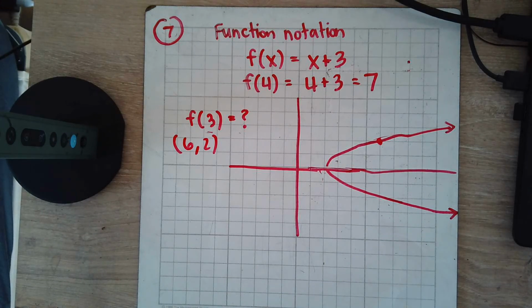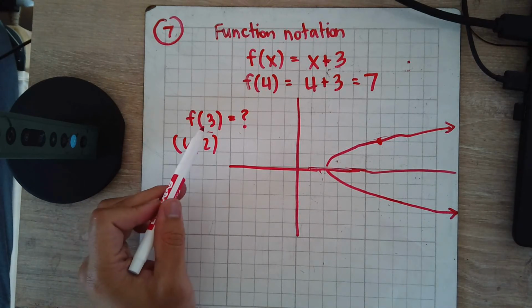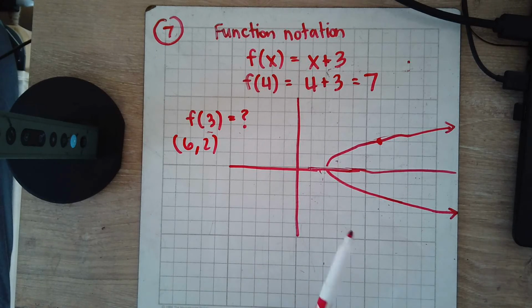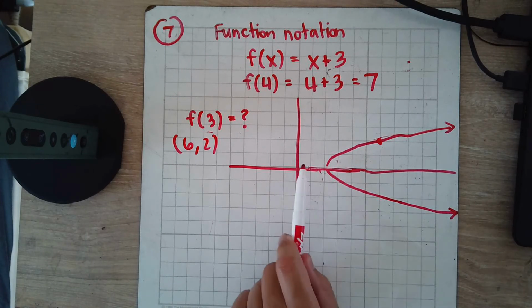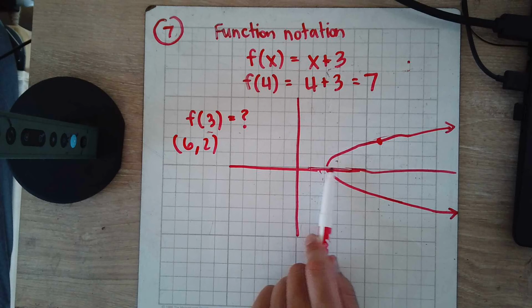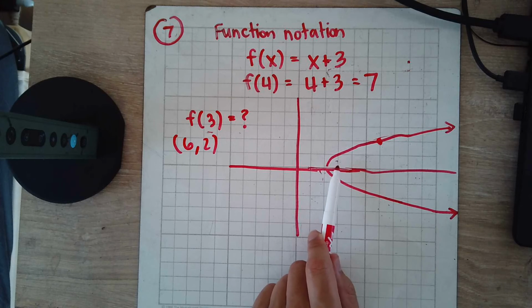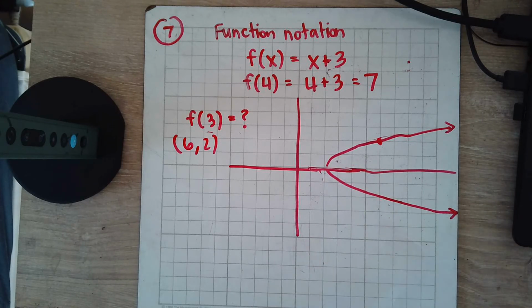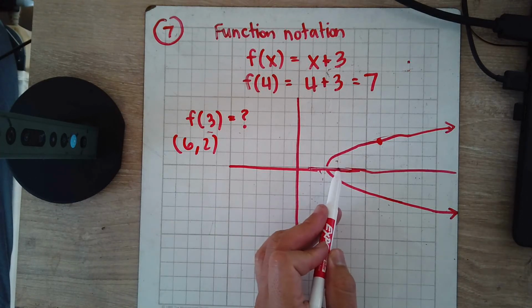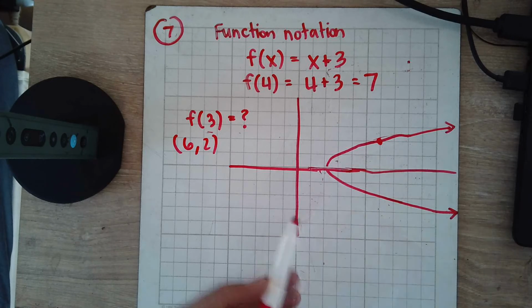So if my input is 3, this is how I would look at it. I would try to go 3 to the right on the x-axis, and then I would see where along my y-axis I would have to move up to get to my graph. So I went to the right 3, and I would have to move up 1 to get to my graph. So that's one of my outputs it could be.